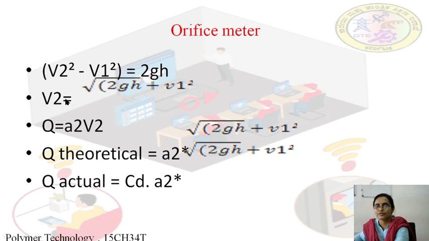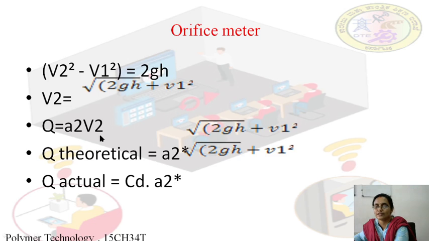Then V2 squared is 2gH plus V1 squared. V2 is the root of 2gH plus V1 squared.